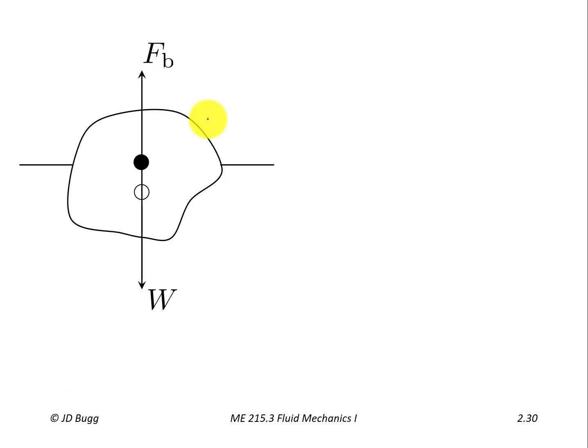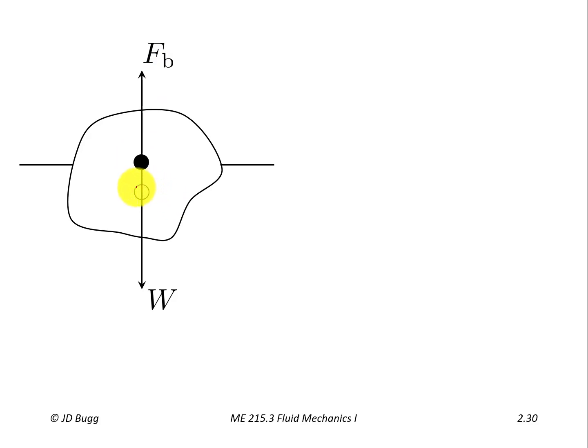Now we want to take a look at a different scenario. So this looks very, very similar, but notice what's happened here. The center of gravity of this particular object is up here. So this weight is being applied at this point. So why would that happen? Well, perhaps there's a different distribution of the mass inside of this object that has moved that center of gravity up to this location.